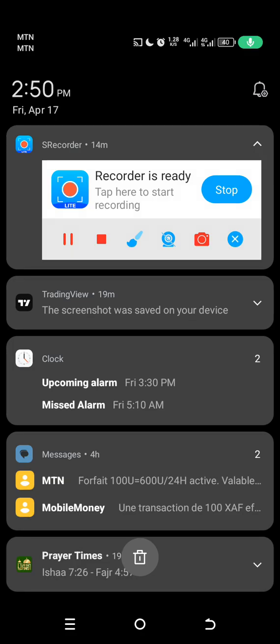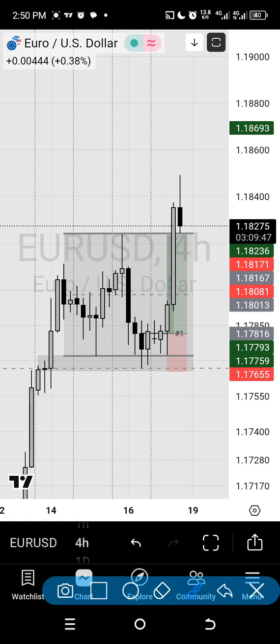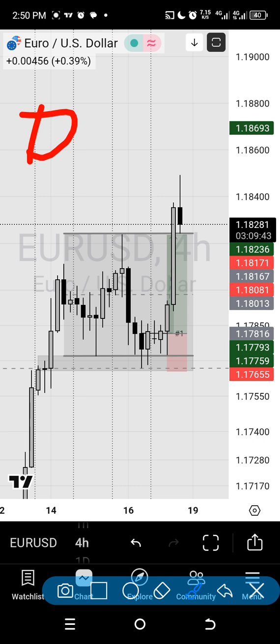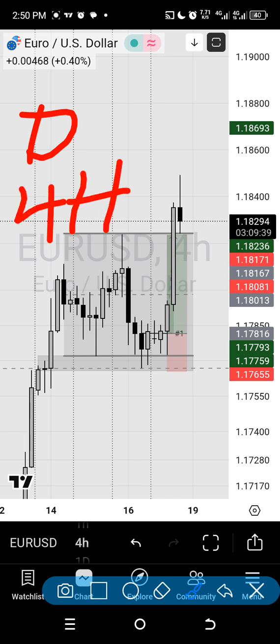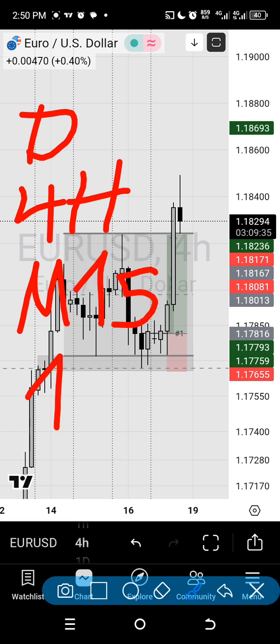I will make sure I write these things down so you can take note when you are analyzing. So if I have my daily time frame, I will then further refine my narrative on the 4 hour time frame, and then my confirmation entries on the 15-minute or 1 hour time frame.